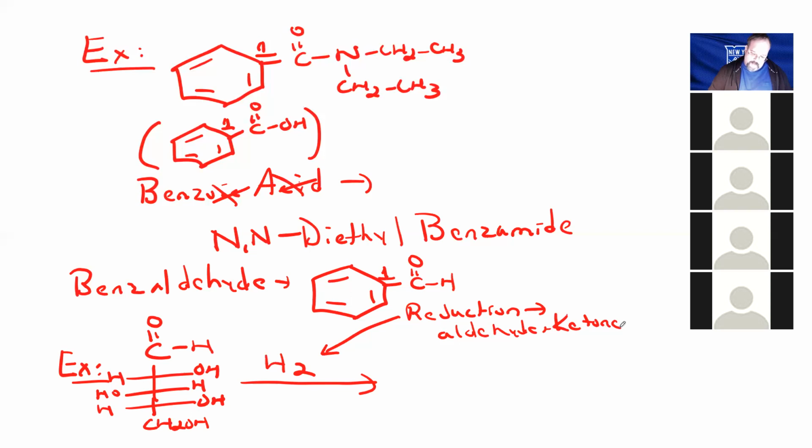So what did we talk about for aldehydes and ketones and their reduction? The double bond between the carbon and the oxygen becomes a single bond. And then you add two hydrogens, one to the oxygen, the other to the oxygen-bearing carbon. And that's it. After that, for this monosaccharide, everything else that was there would remain exactly the same.